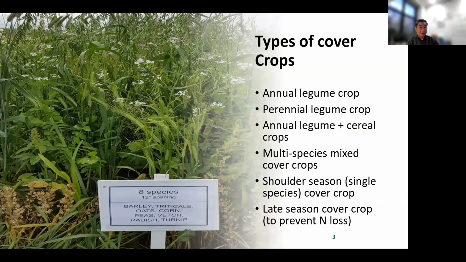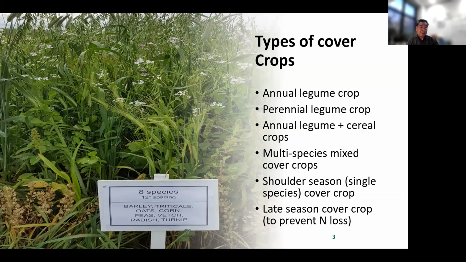Because the type of cover crop really affects the termination methods you use, I would also like to review the types of cover crops. It is pretty straightforward. Some people grow annual legume crops like pea or lentils. Others grow perennial legume crops like alfalfa or clover.